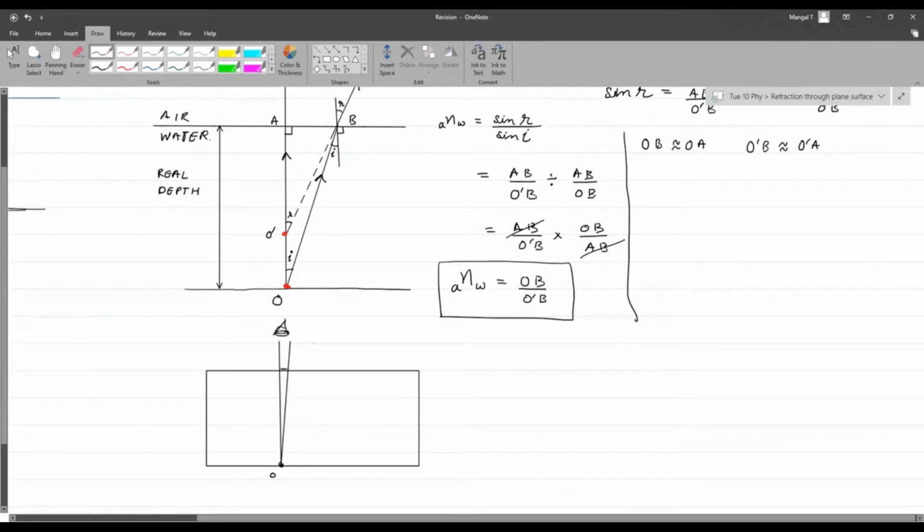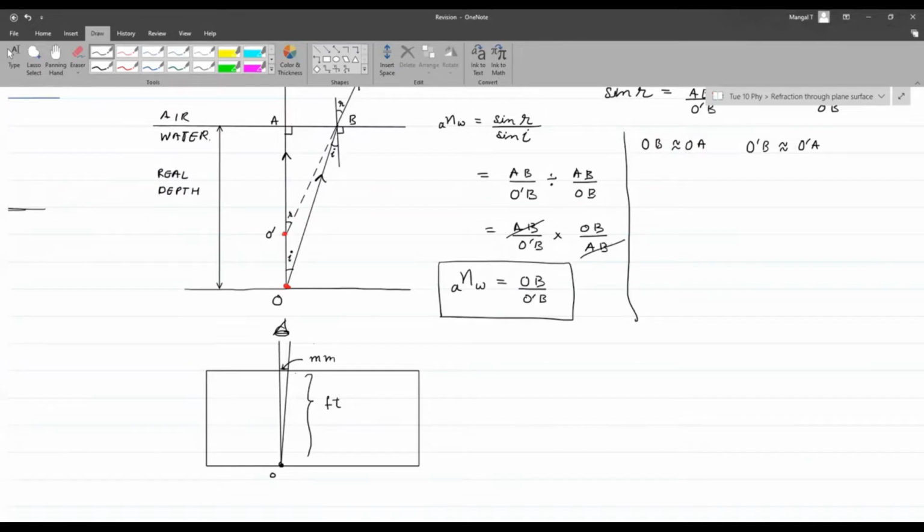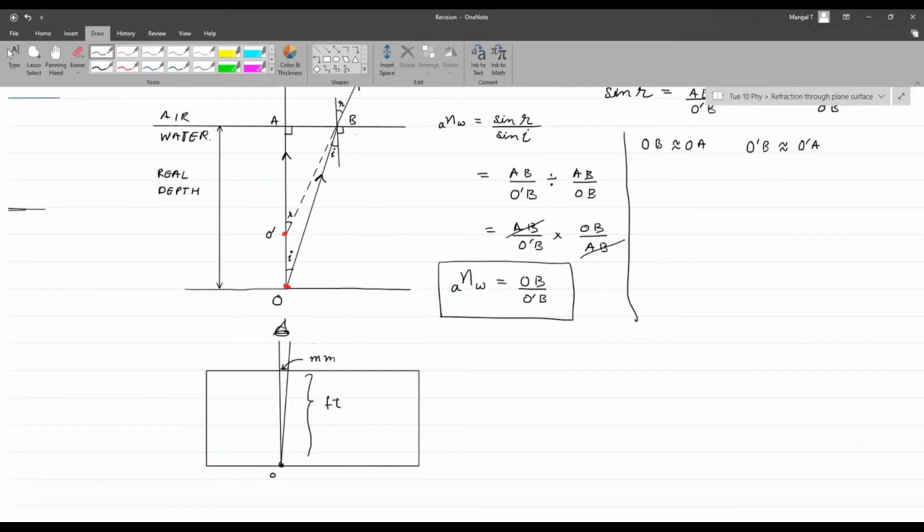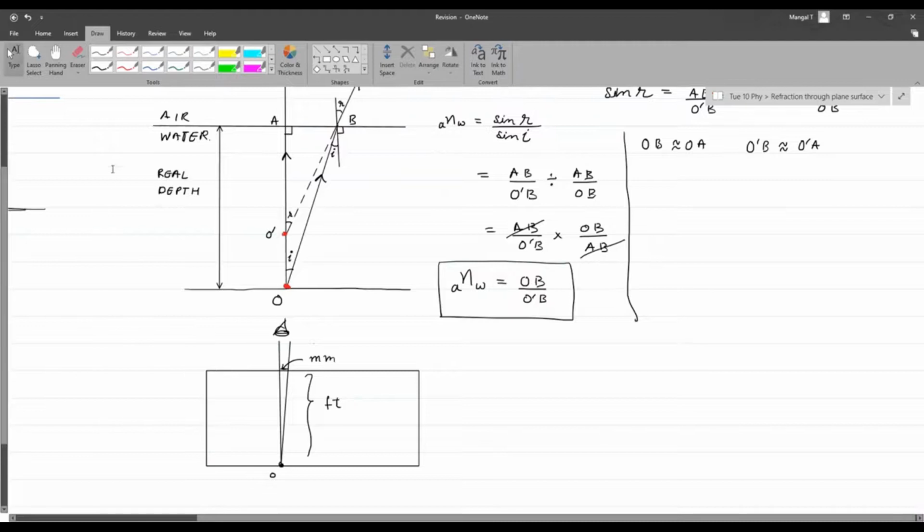This gap is in millimeters, whereas this distance is like 2 feet, 1 feet. If it is a swimming pool, that will be in meters, and if it is something like a pond, it would be a few meters. That is the reason why I am saying that OB and OA are equal in length, and O dash B and O dash A are equal in length.